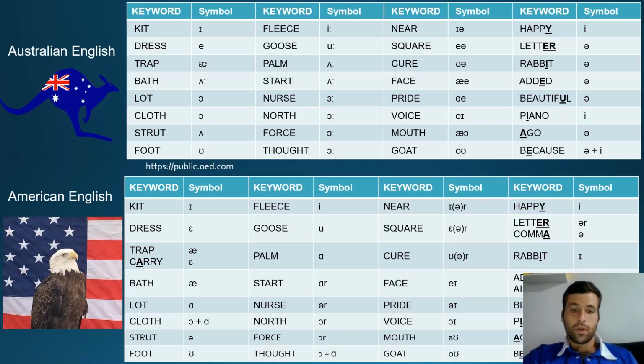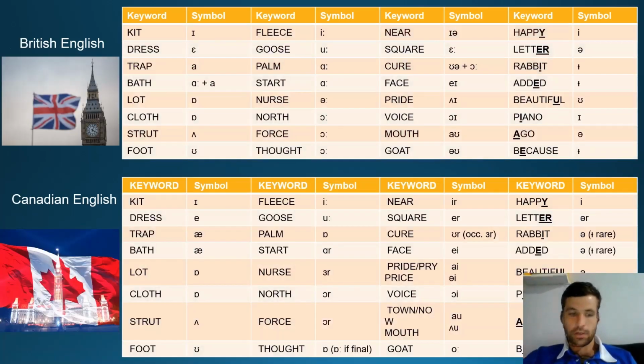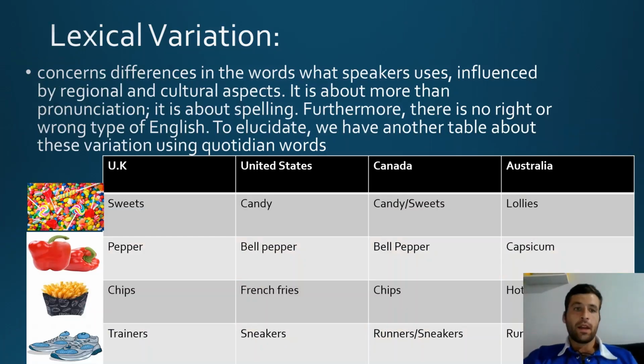A table contains the keywords of some words, and the symbols we can see changed and influenced the pronunciation. Here we have a lexical variation. It concerns the different words that speakers use, influenced by regional and cultural aspects.